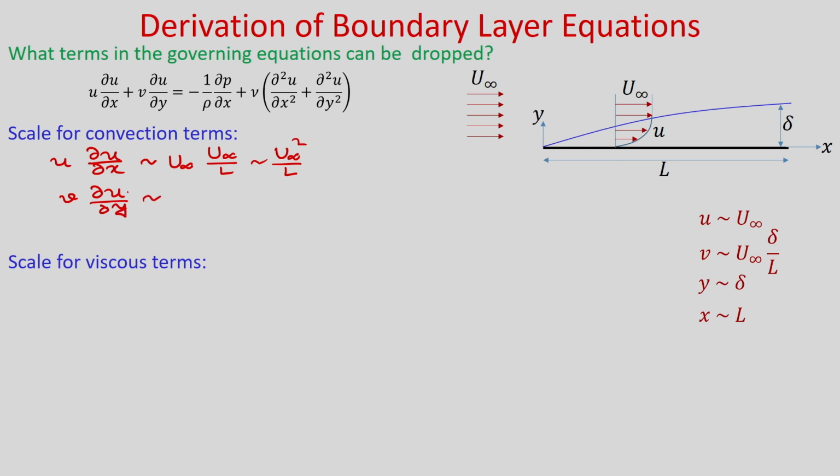So, this is of the order of v, we know u infinity delta by L, and u infinity over delta. So, obviously these will cancel and we can write u infinity square by L. So, you can see in the left hand side these two inertia terms are of the same order, right. So, we cannot drop any term in the left hand side.